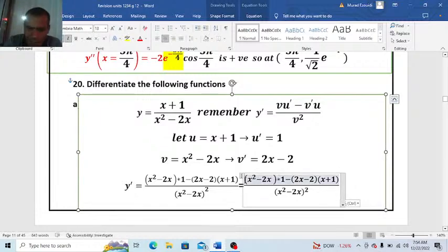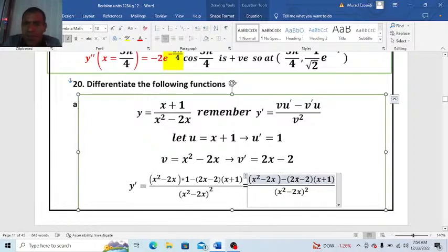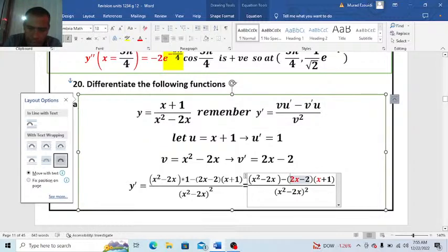Then minus 2x multiplied by x squared, because this minus 2 I will expand: minus 2 multiplied by x gives 2x squared. I will write here 2x squared.